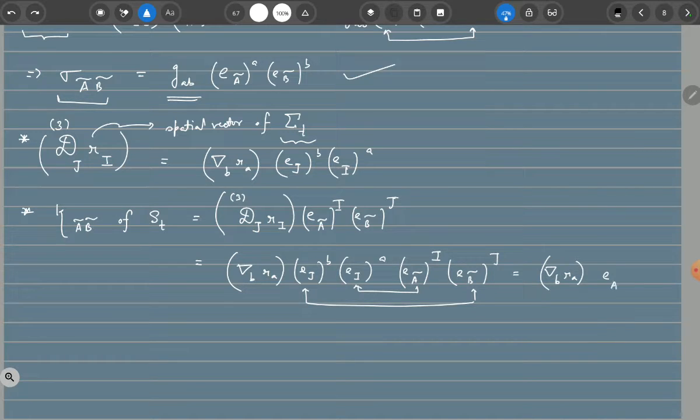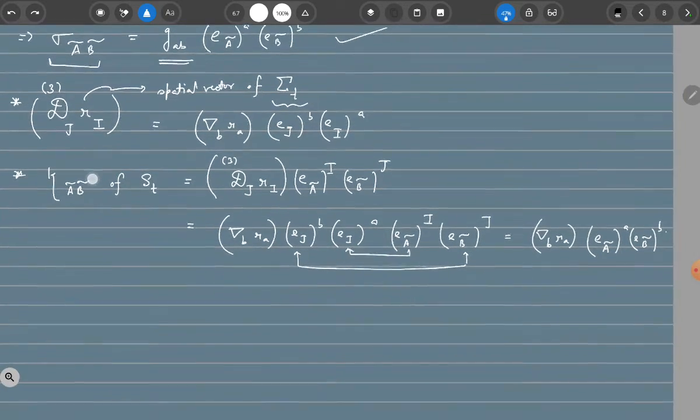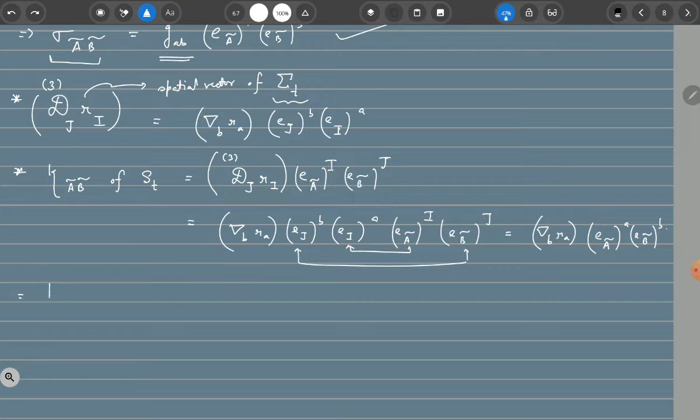What will be this? e_A tilde^A e_B tilde^B. Good. So we now have a formula for the extrinsic curvature of the two-dimensional surface S_t as viewed as an embedding in the four-dimensional space-time volume V, given by the formula del_B of R_a times e_A tilde^A e_B tilde^B.